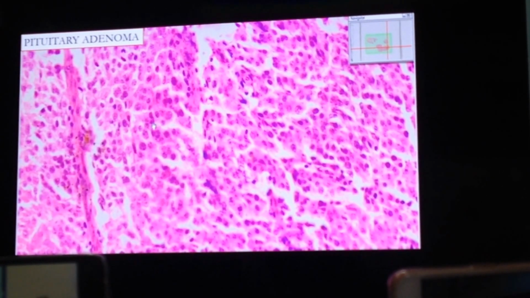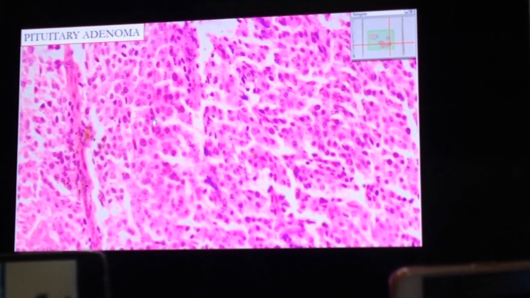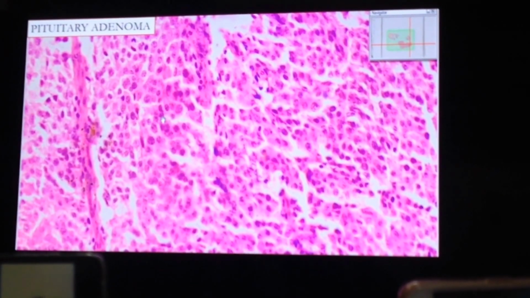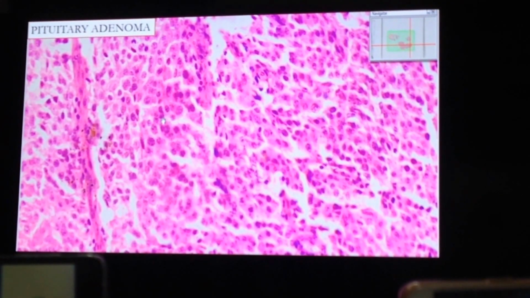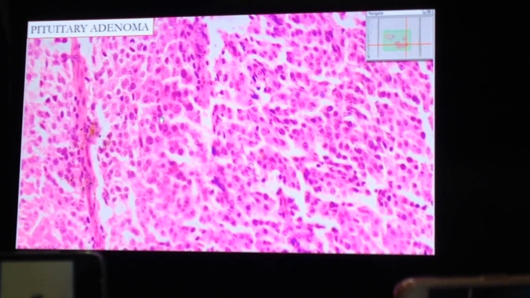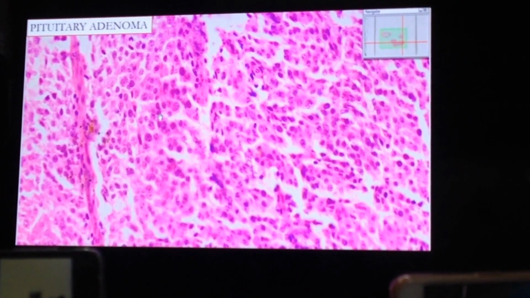Okay, so what's the clinical manifestation of patients with lactotroph adenoma? Nipple discharge, gynecomastia. Prolactin.